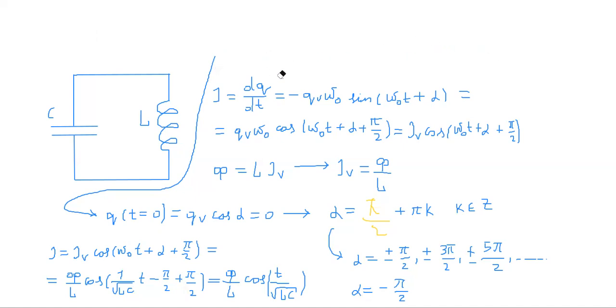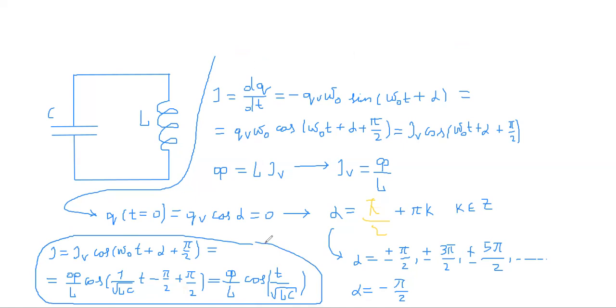Teacher, why here should we take the value minus pi divided by 2? Just to make the answer simpler.